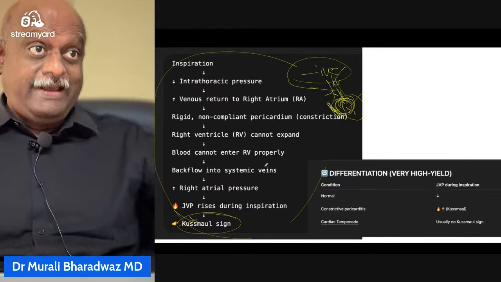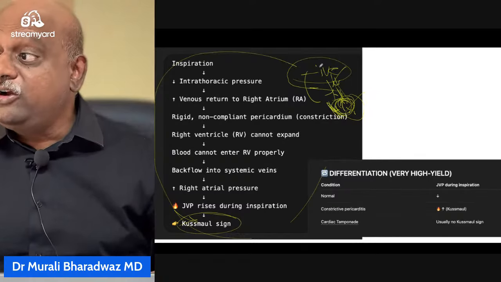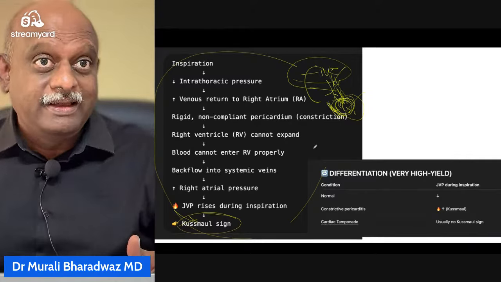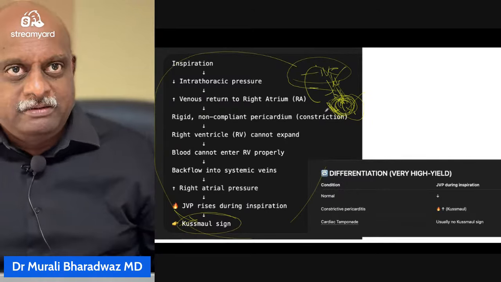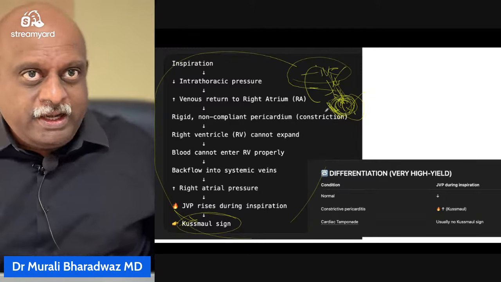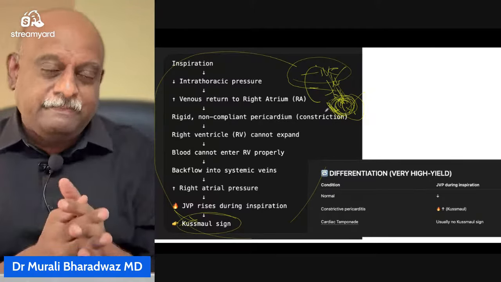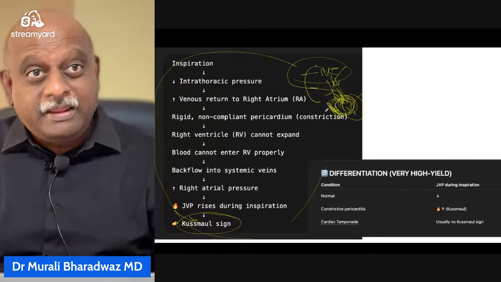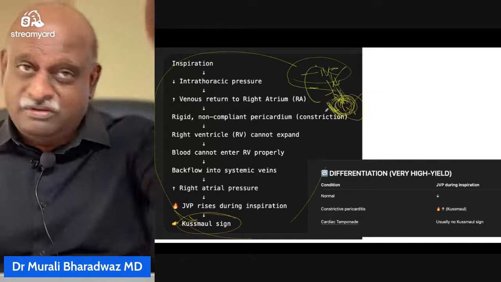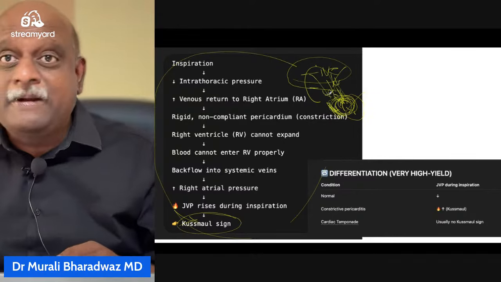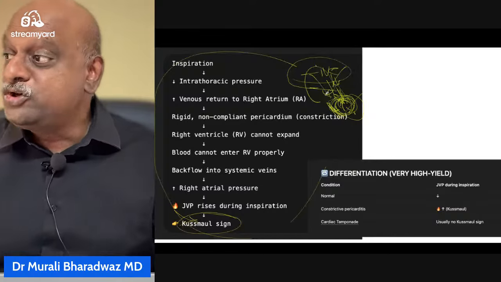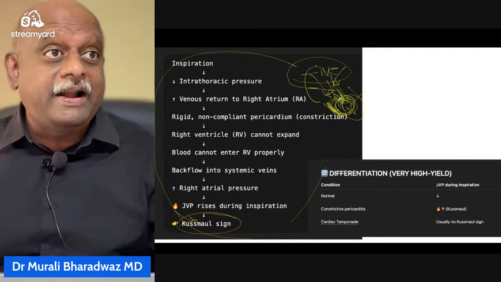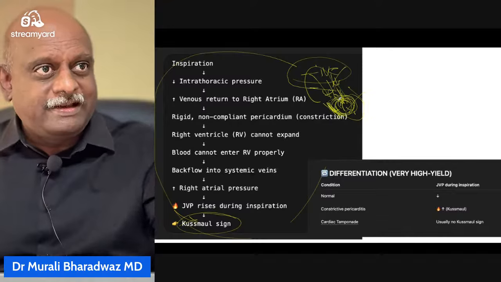So during inspiration, when you are trying to push more blood, what will the atrium say? It's already full. The tight pericardium is already squeezing it.